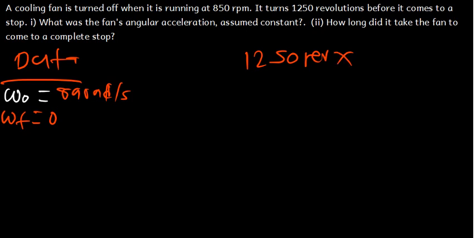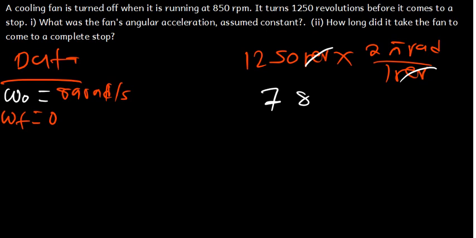To convert this to radians, in 1 revolution there is 2 pi radians, so the revolutions cancel and I have 1250 times 2 pi, which gives 7,853.98, about 7,854 rad.